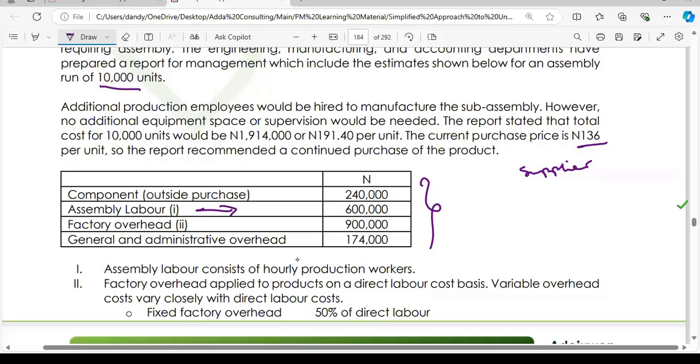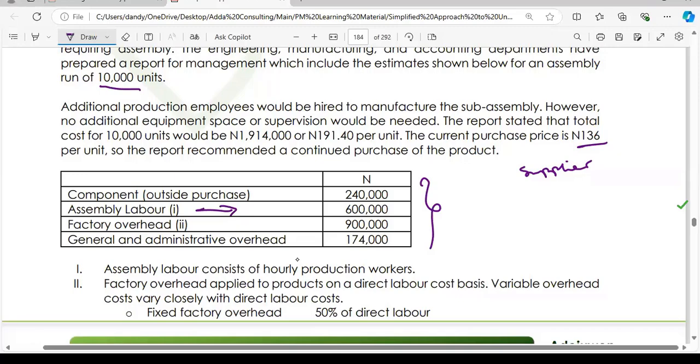Therefore, the total labor cost of 600,000 naira divided by the output of 10,000 units will give me labor cost per unit, which is 60 naira.